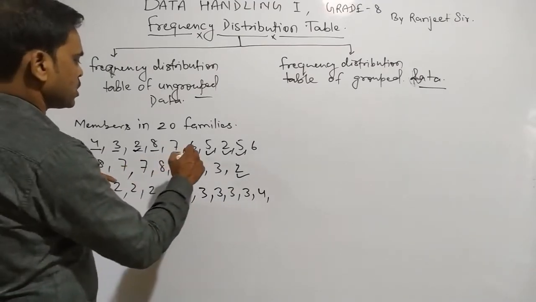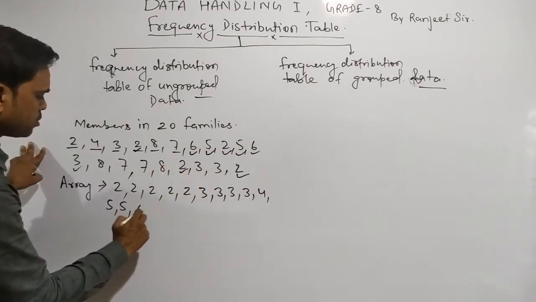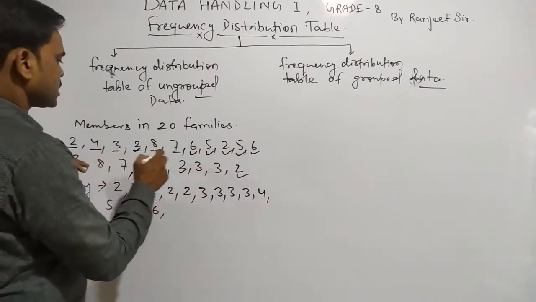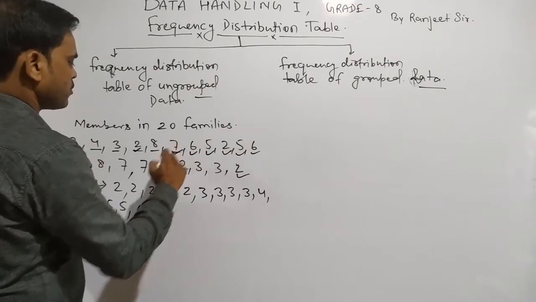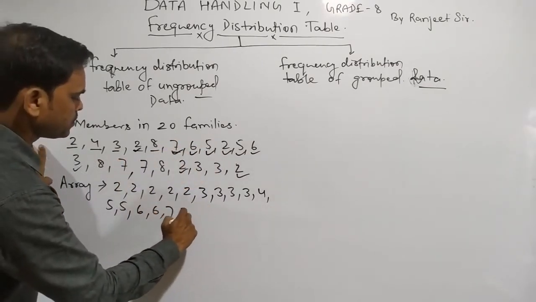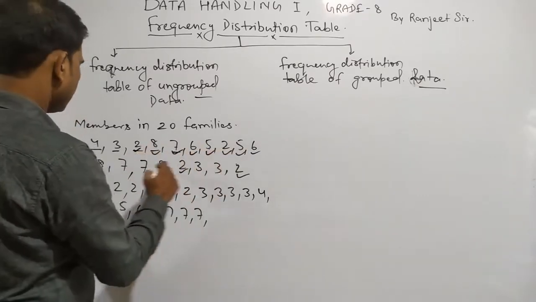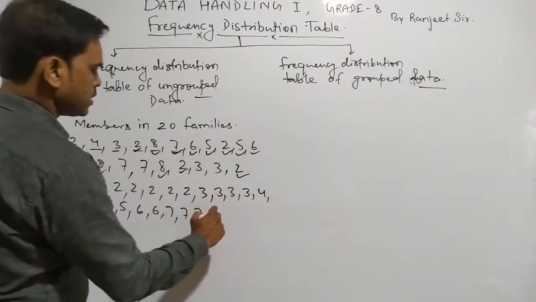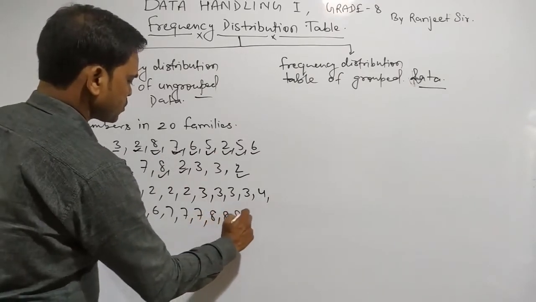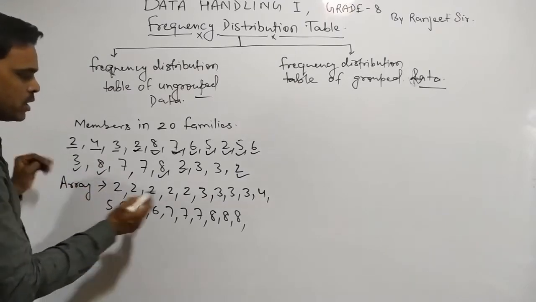Now 6 is also there, 2 times 6. After 6 it is 7, 3 times 7 is there. Then 8 is there, 3 times 8. And 9 is not there.